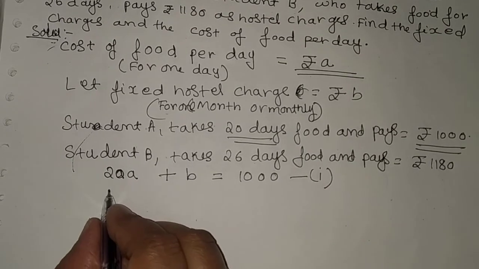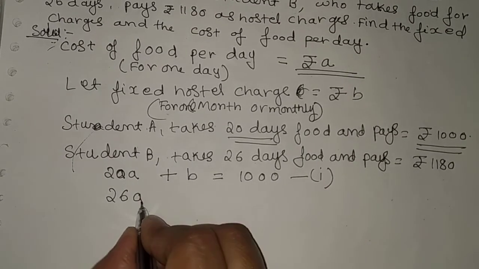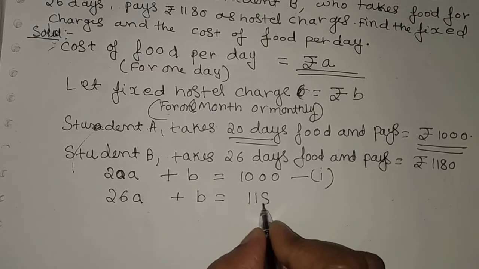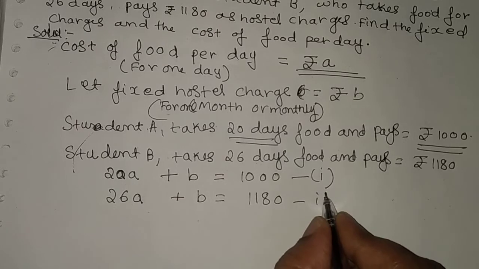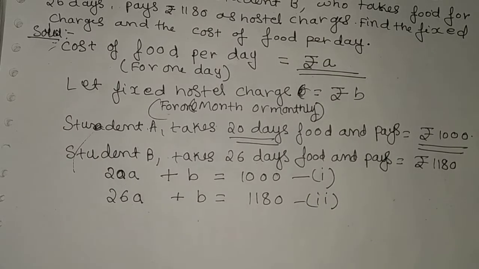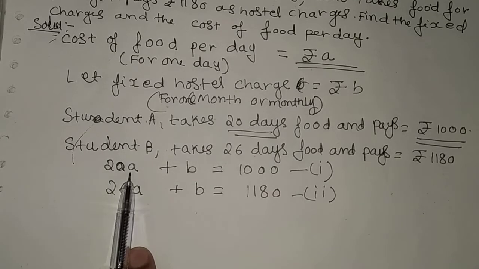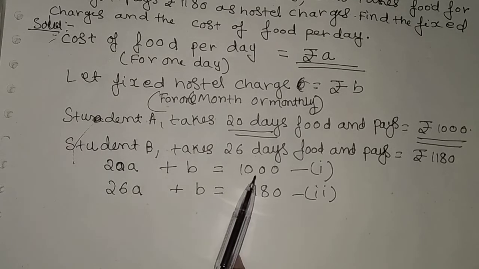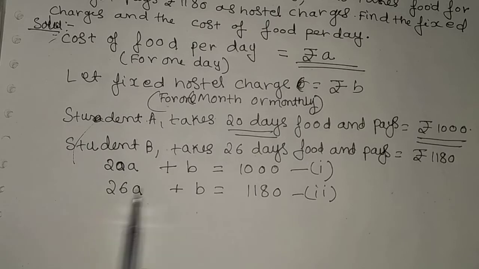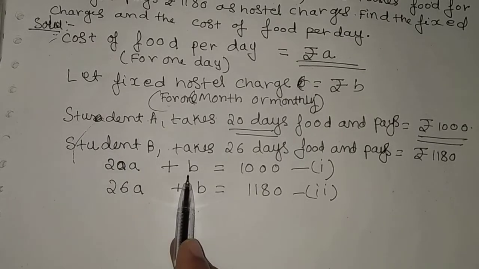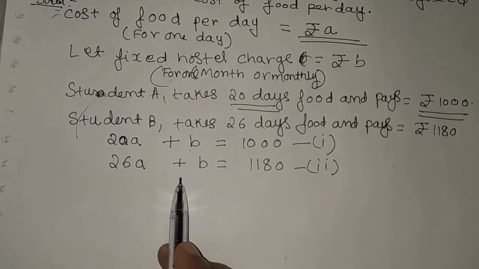Next, for how many days? That is 26a plus b is equal to 1180 is the second equation. So we got two equations from the two statements of the problem. This is the number of days and this is the amount. Fixed charges in both the cases we don't know, so we have kept it as b.